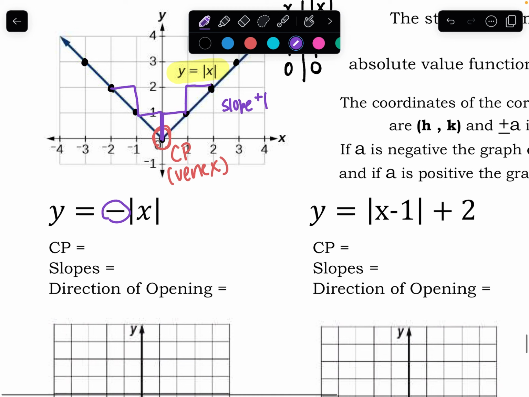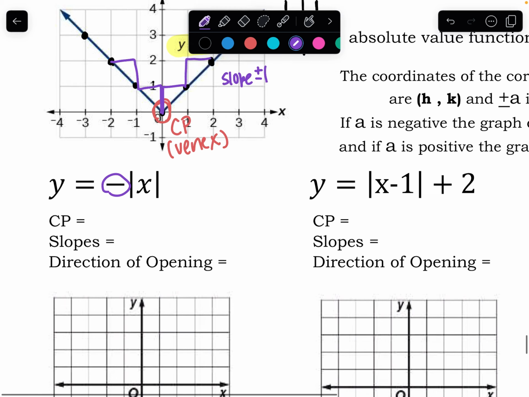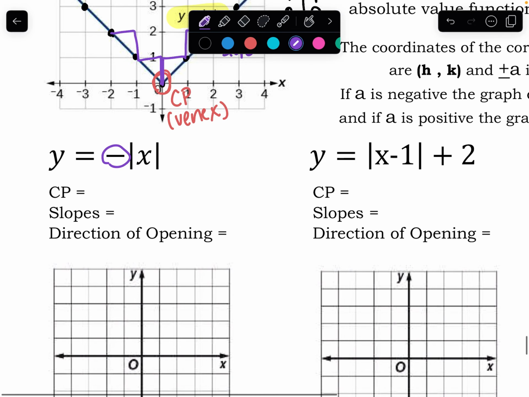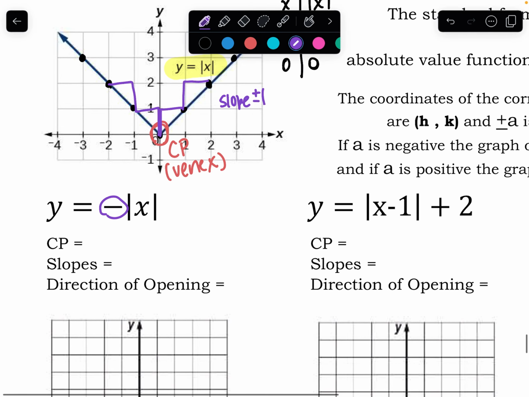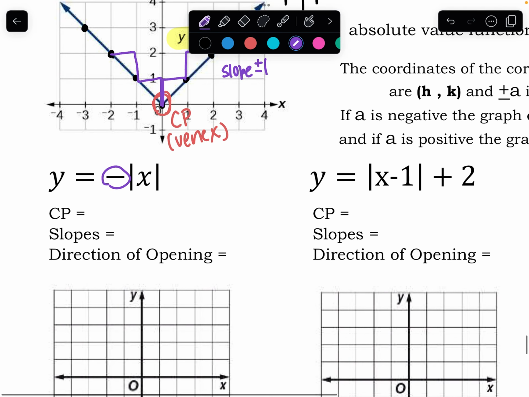Okay, and so sometimes we say slopes because technically it's positive, negative 1. And so if you want to put the positive, negative in front of it, you're going to have that for every absolute value. And so in this case, negative absolute value of x, the critical point or vertex is still going to be 0, 0. And then the slopes are still going to be 1. There's no number here. If there was like a 2, the slope would change.